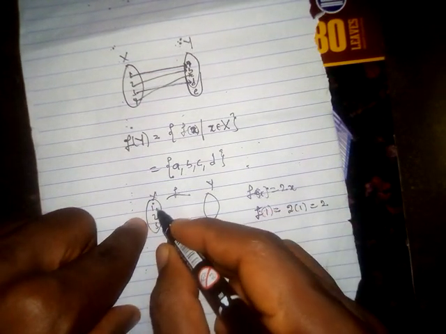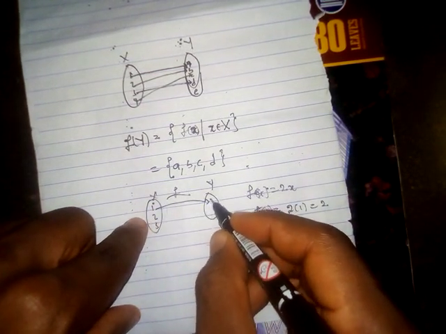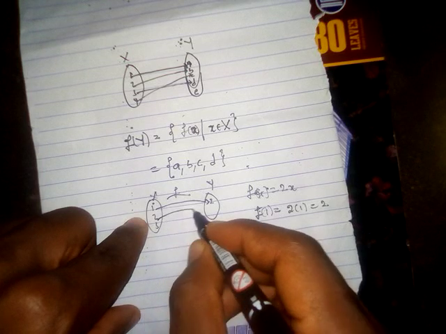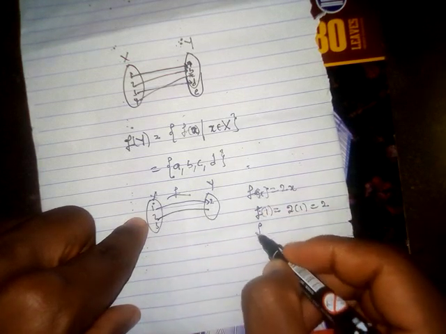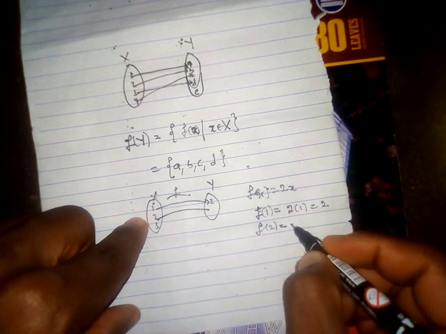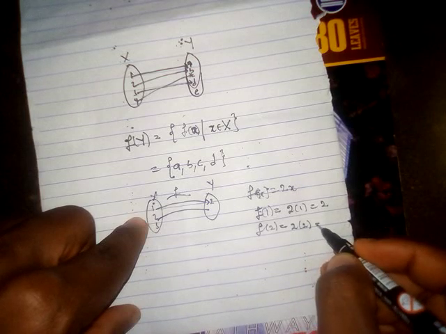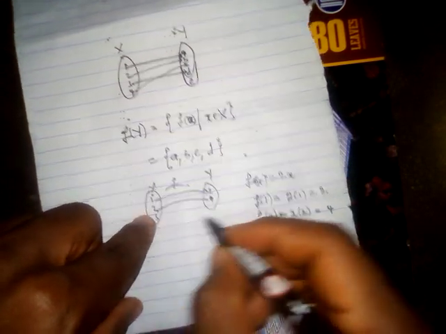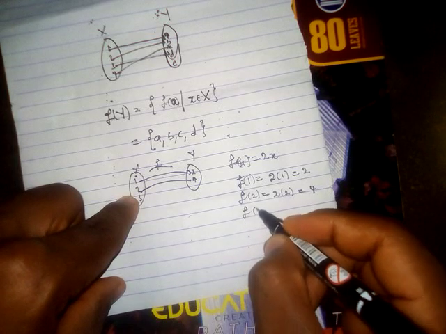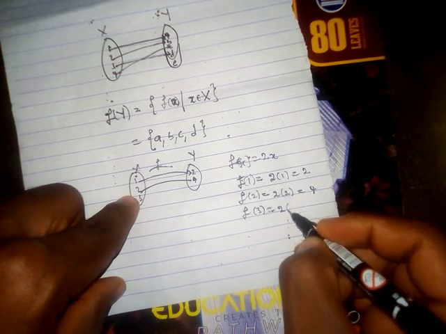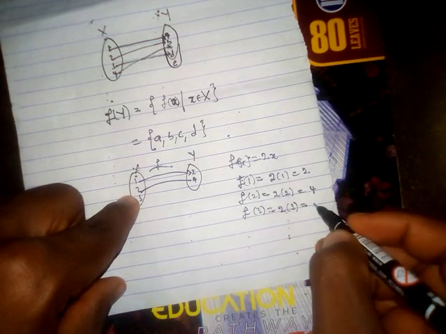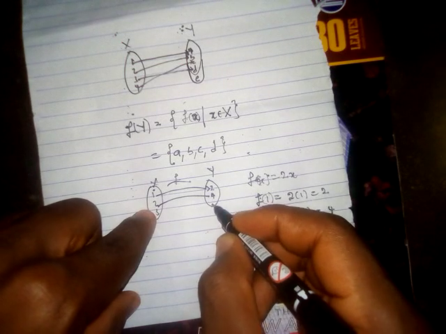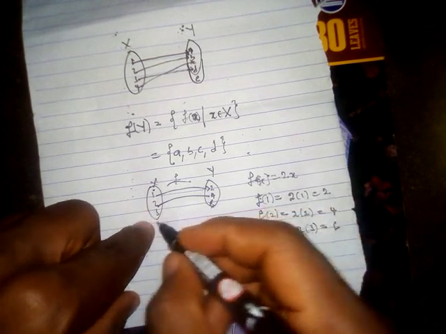So 1 maps to 2. Now if x is 2, we have f of 2, which gives us 2 times 2, that is 4. Now f of 3, we have 2 times 3, which is 6, and so on and so forth.